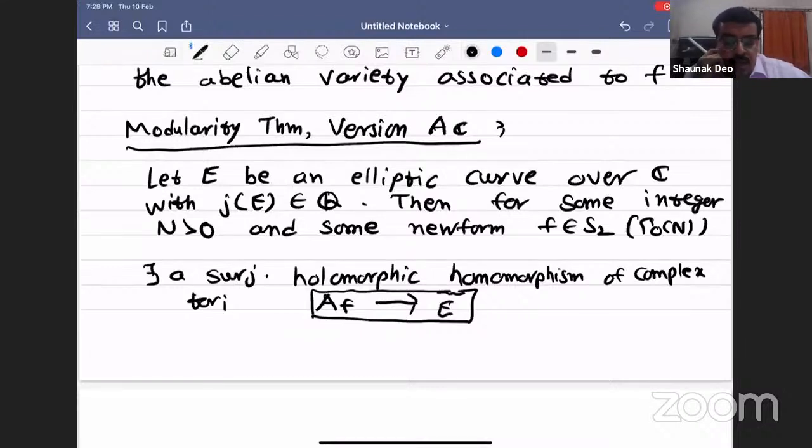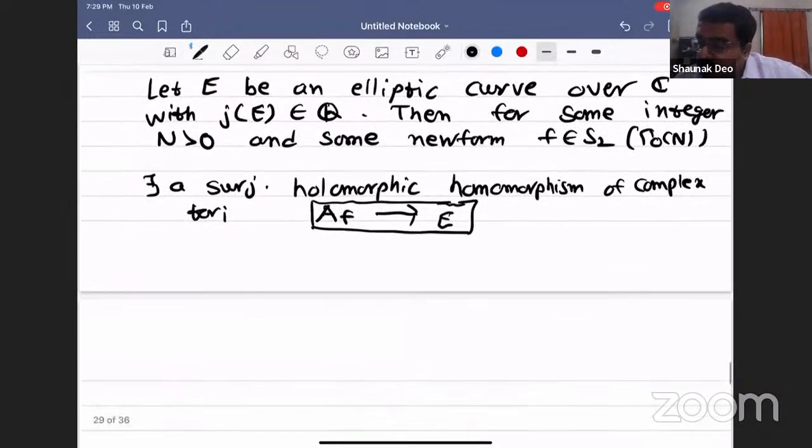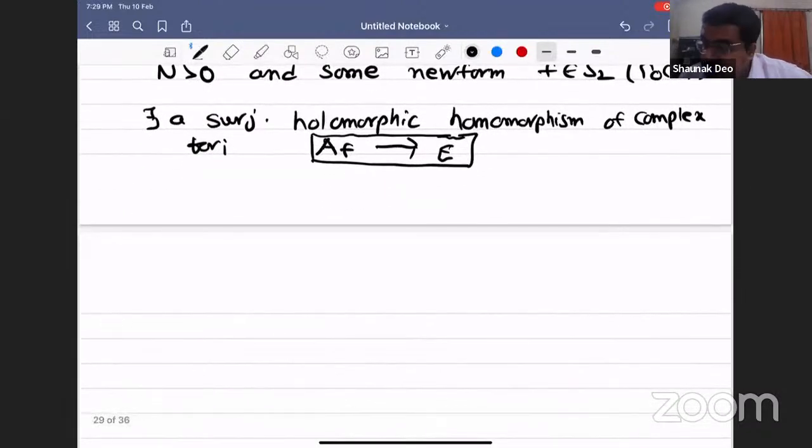So let me give you a very quick sketch of why this is true. It's not precise at all. So version JC implies version AC.